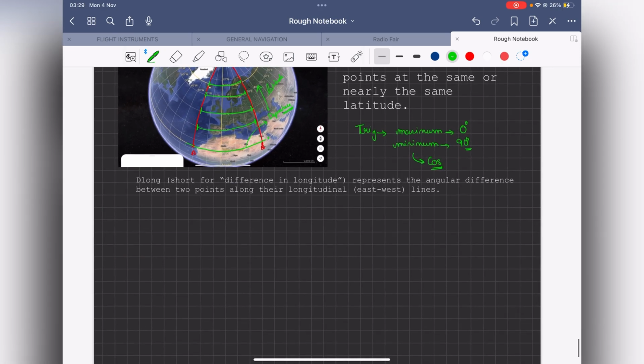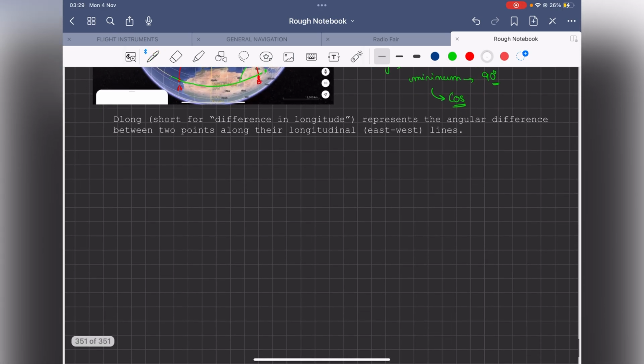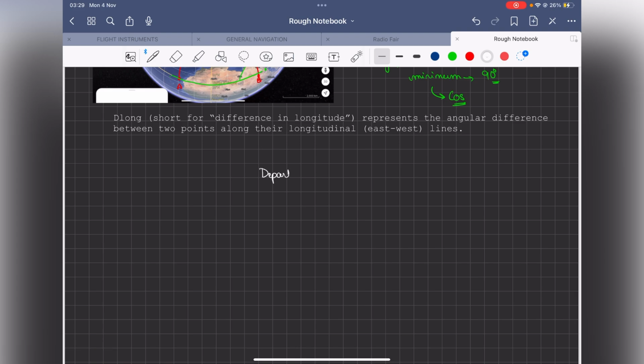So the formula for departure: departure, which is the distance traveled in the east or west direction, or distance traveled between two longitudes along a parallel of latitude, is given by d long, which is the difference in longitudes, into 60, into cos of latitude. d long is the difference in longitudes, and 60 is a conversion factor.